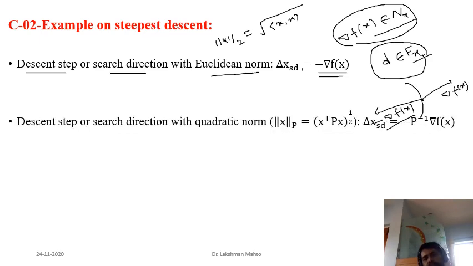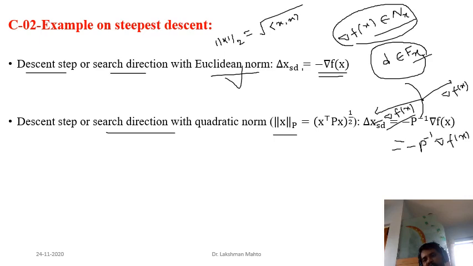Now, if you change your norm, in place of the simple Euclidean norm, if you take a quadratic norm, then what would be the steepest descent direction? It will be given by multiplying the gradient with the inverse of the corresponding coefficient matrix P. So if you multiply the gradient with the inverse of the coefficient matrix, then you get a steepest descent direction.